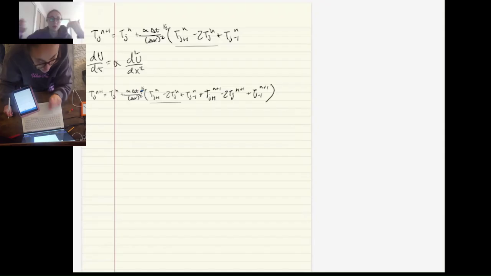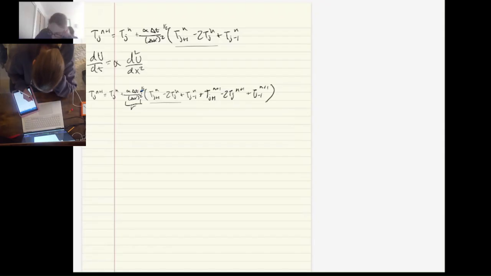We're also going to multiply out our R. So it's going to be Tj n plus 1, then subtracting R Tj plus 1 n plus 1, and then plus 2R Tj n plus 1, minus R Tj minus 1 n plus 1.